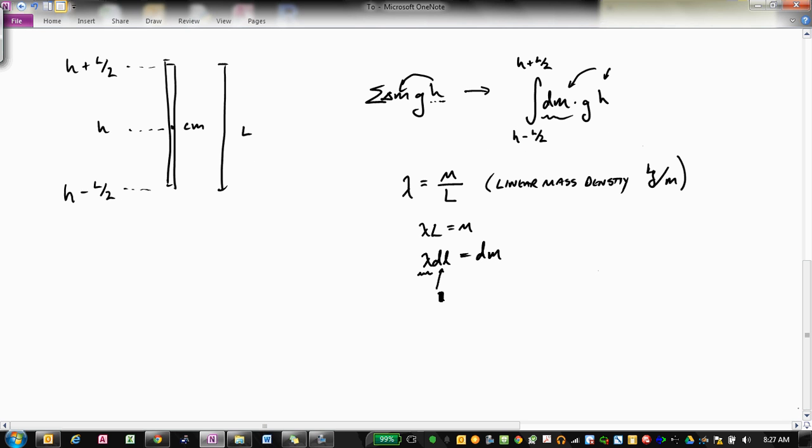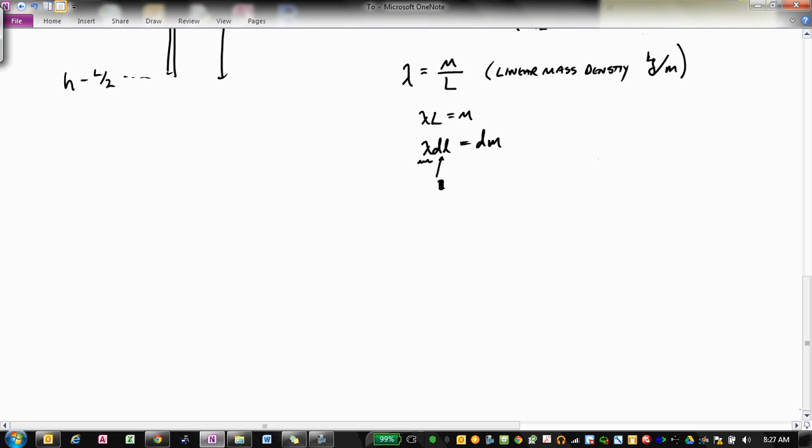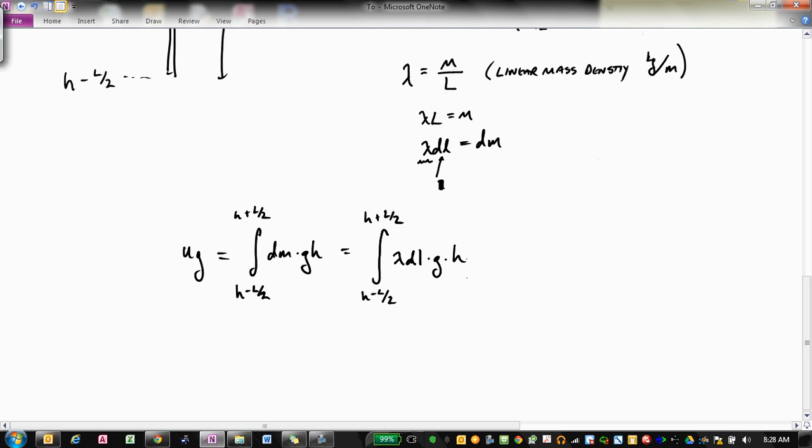Okay, and now we do the integral. So that's going to look like this. We're integrating from h minus L over 2 to h plus L over 2 of dm g h. That's our gravitational energy. We're going to substitute now over the same limits, for dm, lambda dl times g times h.